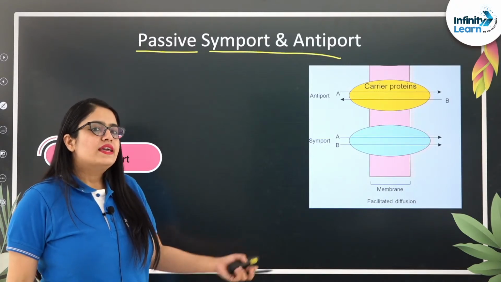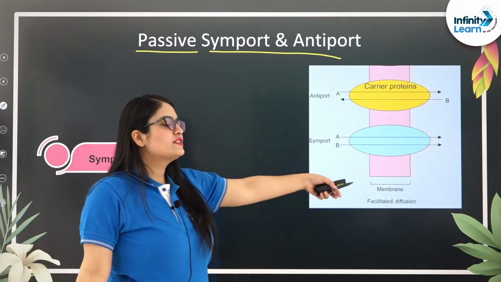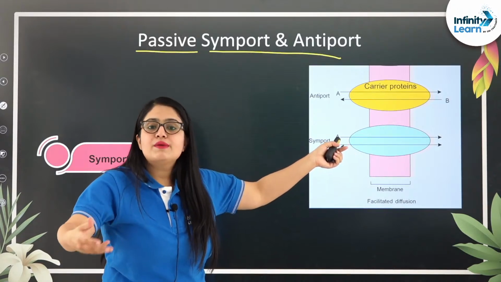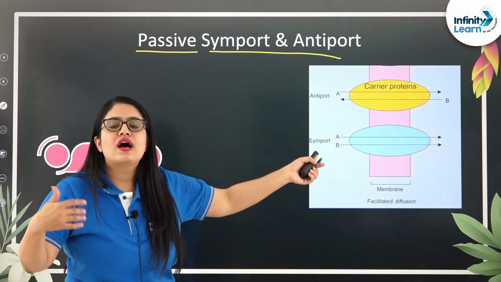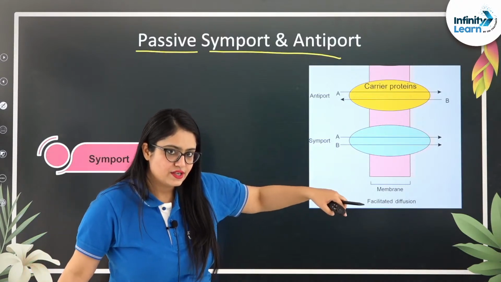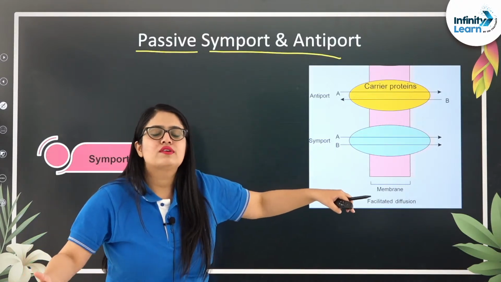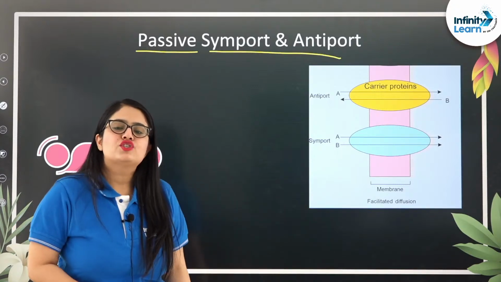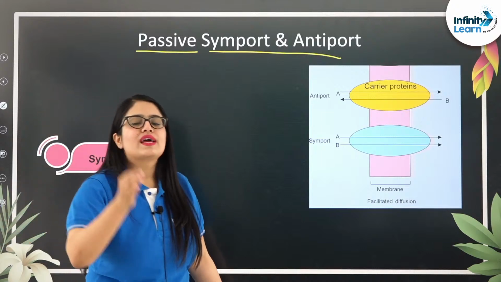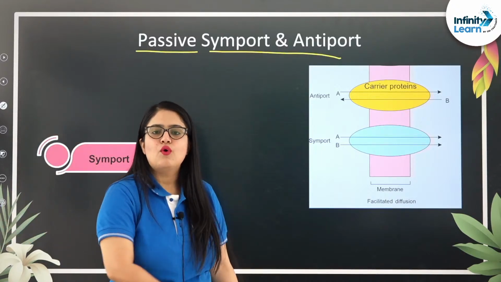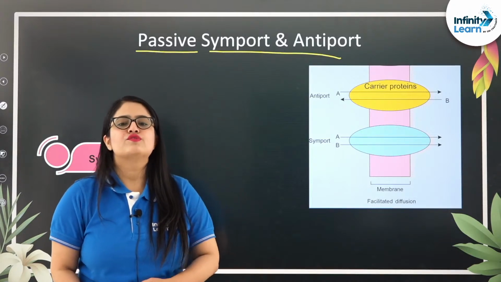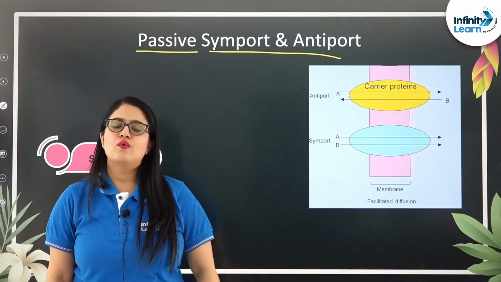Second of all, here we are talking about facilitated diffusion only. That means we will talk about carrier proteins that transport substances along the concentration gradient without any expenditure of energy. So, passive symport and passive antiport are examples of facilitated diffusion, where substances move from higher to lower concentration.